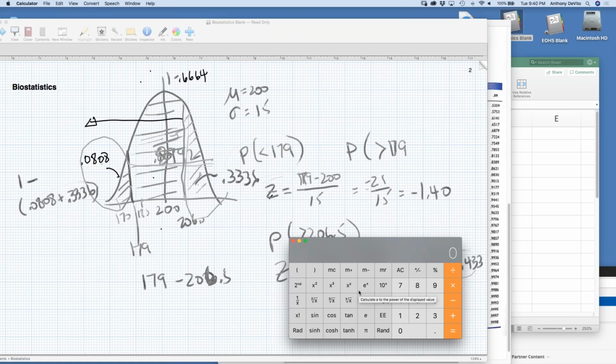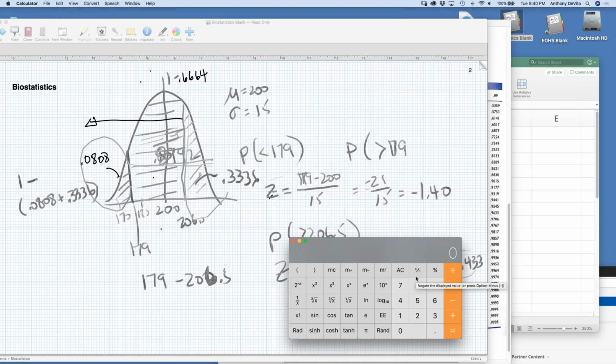Excel keeps all the decimal places when it makes subsequent calculations. On the z-table that we have here, you can only have up to 3 significant digits for the z-score, so you have to round there. You have to choose which z-score, which area you're going to pick for that.